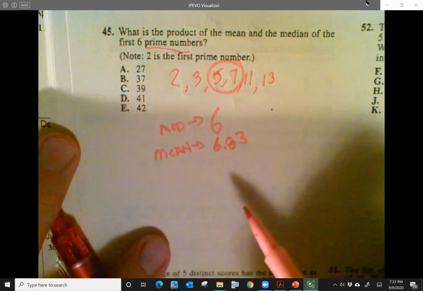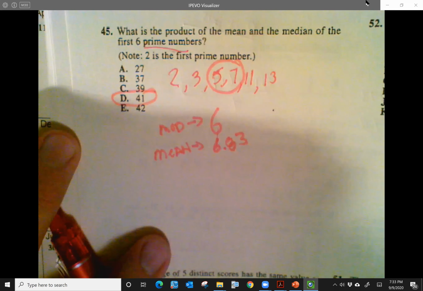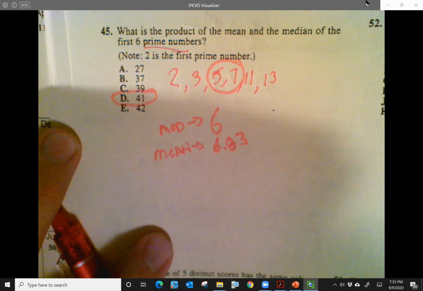And when you multiply those, I get letter D, 41. Kind of cool. All right, so this is kind of an interesting question. It's a math question that we don't usually ask in class. But the product of 2 numbers, and you had to know what the prime numbers were, and they're making you use your calculator to kind of figure it out.